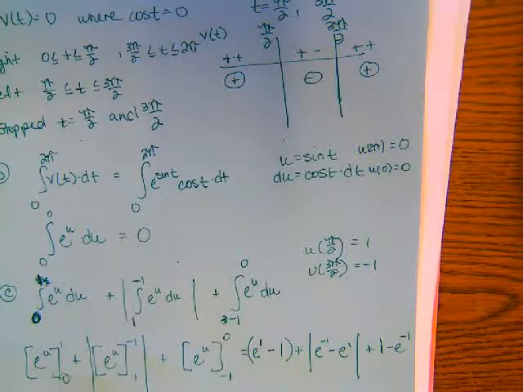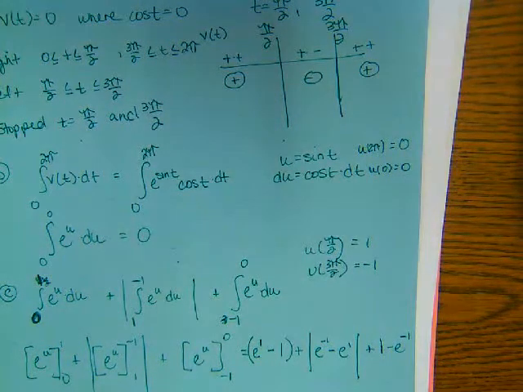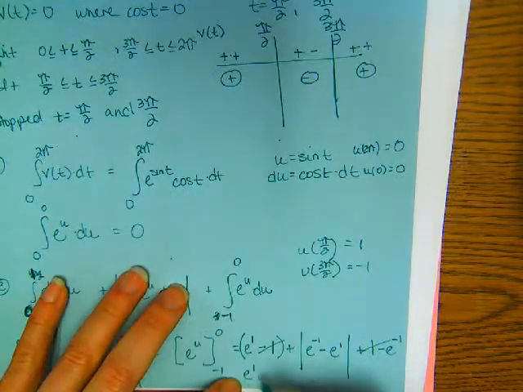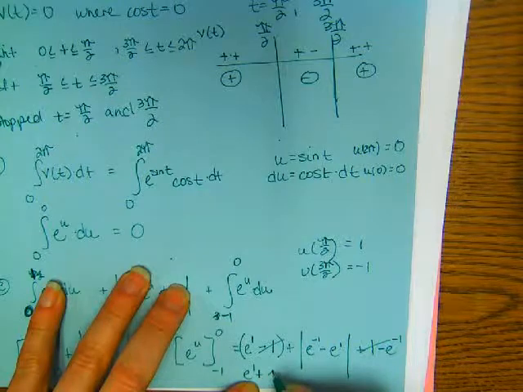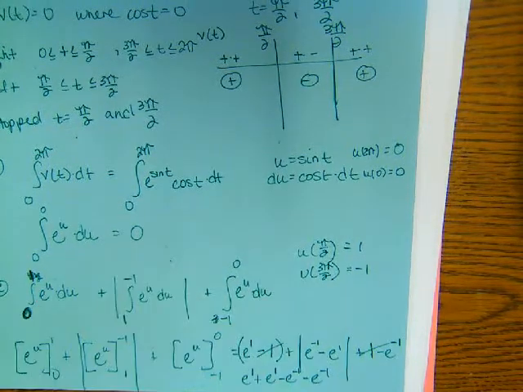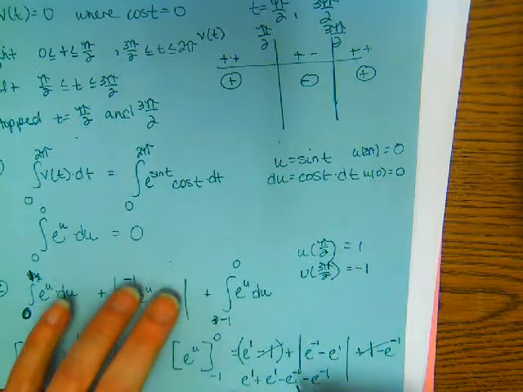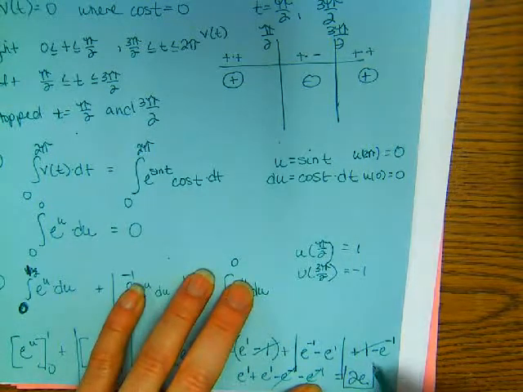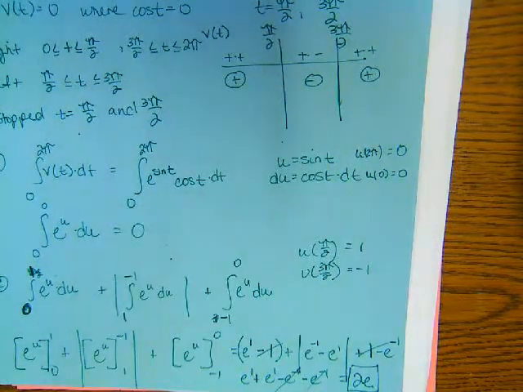Yeah, so what I'm saying now, hear me out, is to remove this absolute value, don't I have to just write it as e to the 1 minus e to the negative 1? Okay. So I do that. So these are going to cancel. And I write e to the first. I have to write this as e to the first minus e to the negative 1, and then minus e to the negative 1. And whammo, 2e to the first, or 2e, would be the total distance traveled.